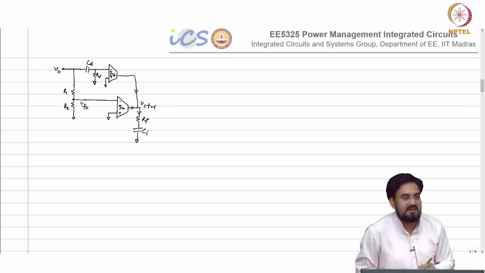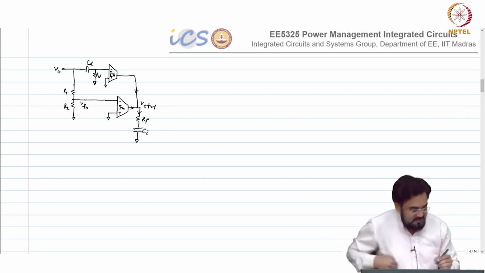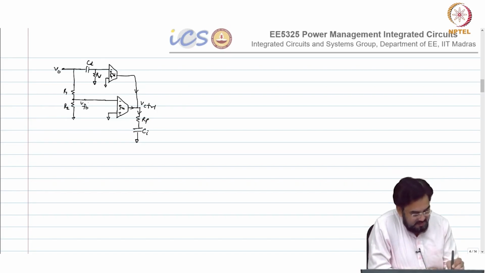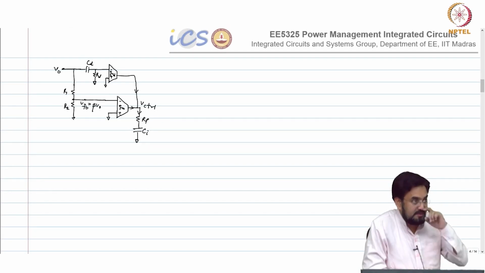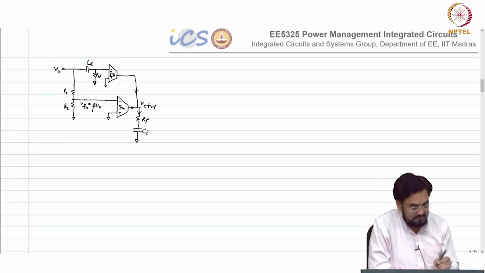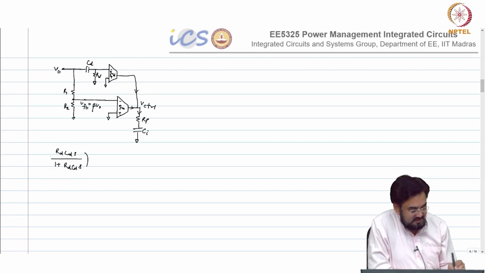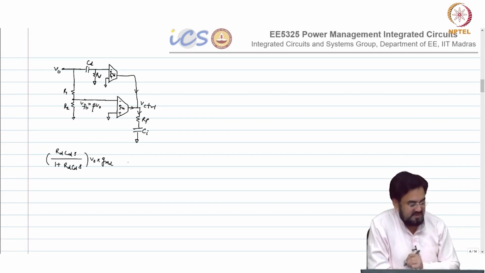I have to simply apply KCL here. So this is nothing but beta V naught. So how many currents we have? 1, 2, 3 currents. RD CDS over 1 plus RD CDS, this will get multiplied by V out into GMD.